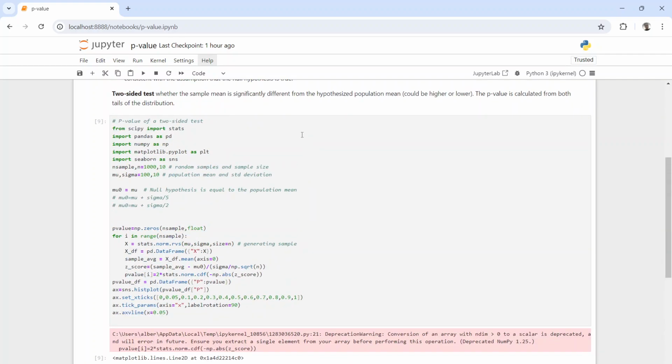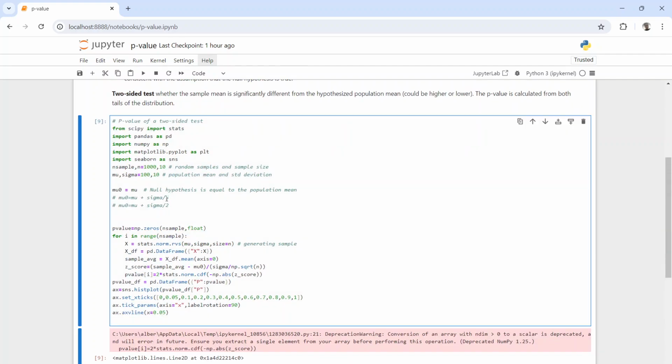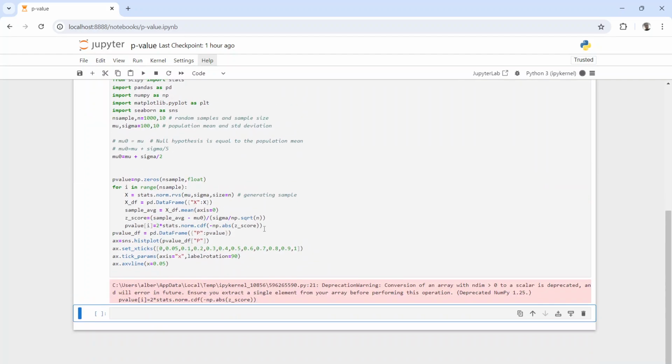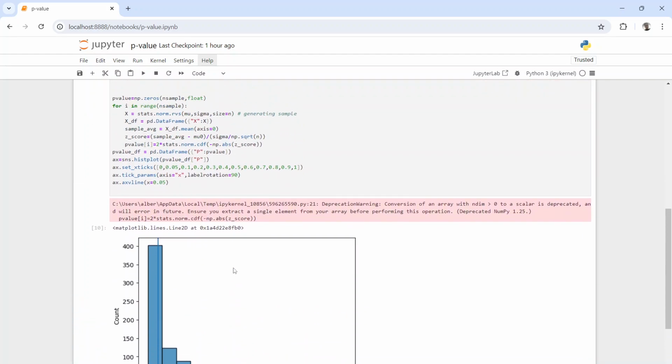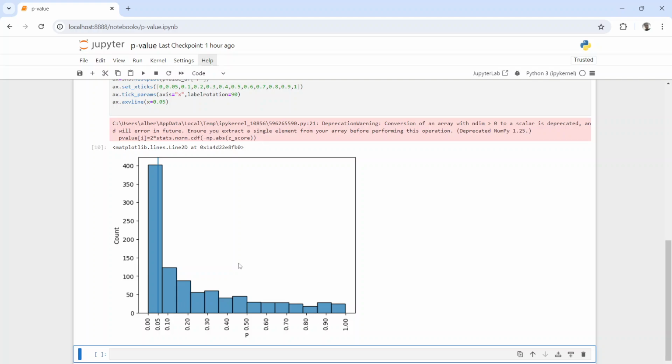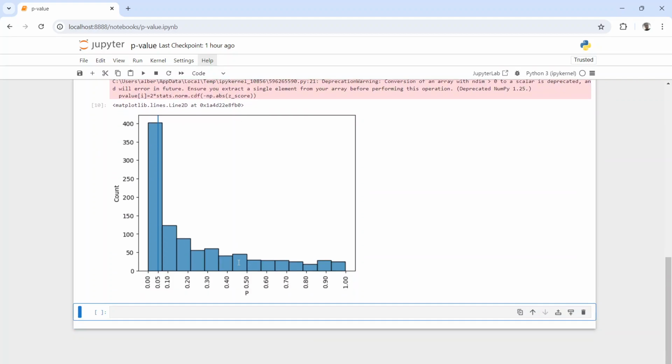So now let's check it for some other conditions also. Let us check it for this one. We set the null hypothesis mean to be slightly greater than the population mean. So if we run again, we will get this value.